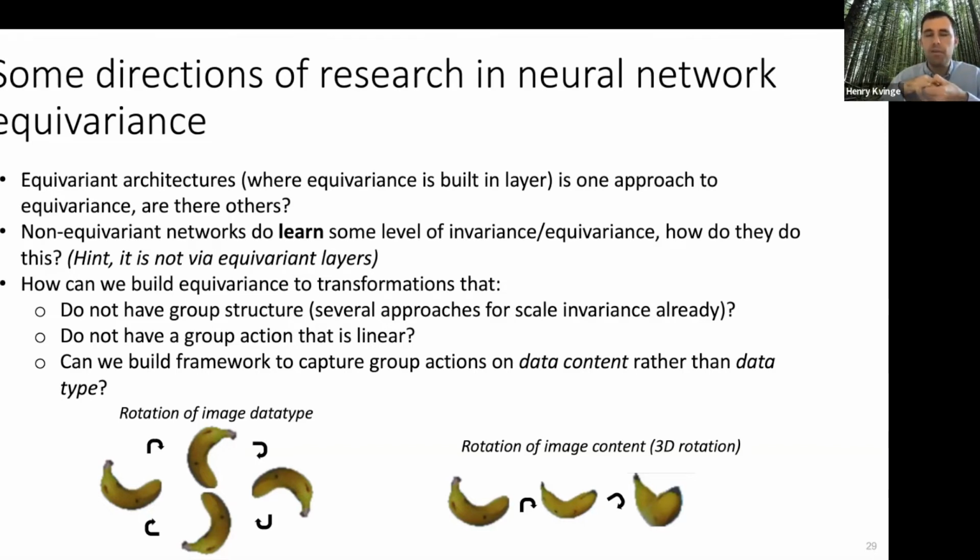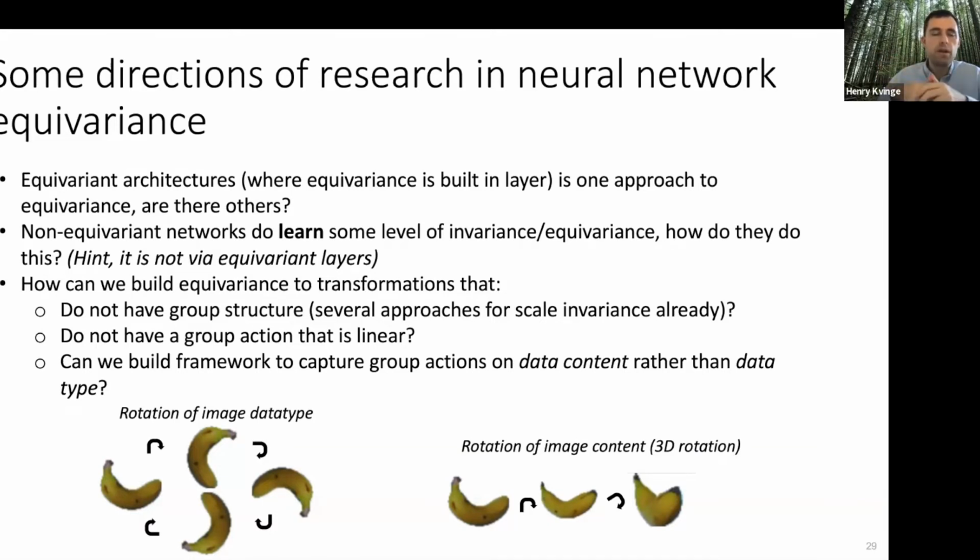I suspect that there are other ways of doing this, and it would be interesting to get experts, maybe from representation theory or related fields, to look at this problem and see if there are other approaches that would be worth exploring. There's certainly a difference between being able to say that we have constrained learning to be equivariant, and we've constrained learning to be equivariant in a way that works well. That is often an empirical question that you need to run experiments to identify, but something that's definitely worth doing.